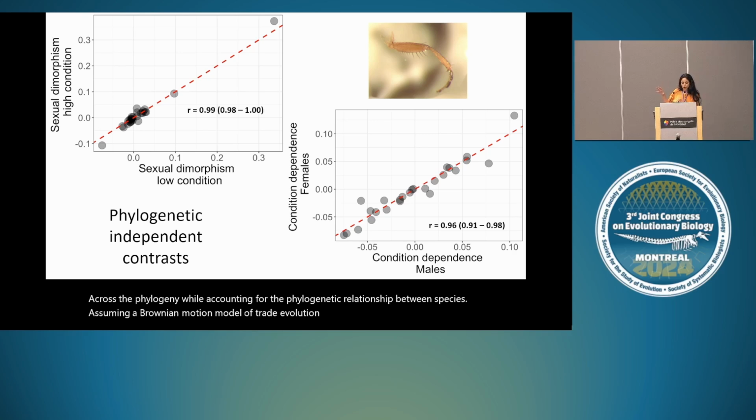If you look at the top left, I've displayed sexual dimorphism in high-condition versus low-condition individuals, and our points don't really deviate from our one-to-one reference line, suggesting that sexual dimorphism isn't really changing across our treatment conditions. And similarly, when we look at condition dependence in females versus males, while we see more variation from our one-to-one reference line, condition dependence is pretty common across the sexes.